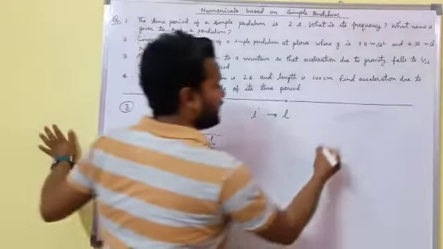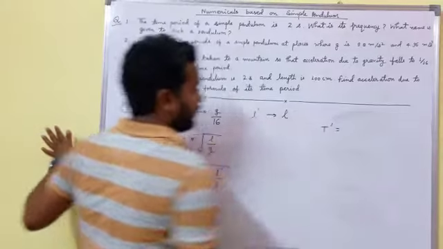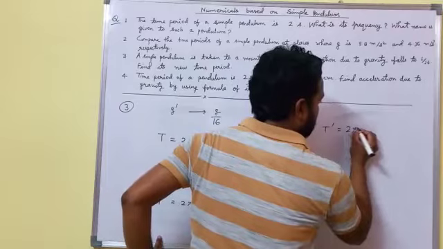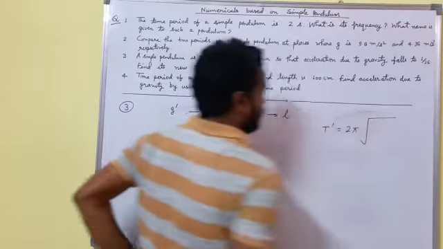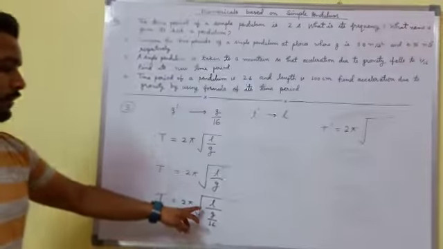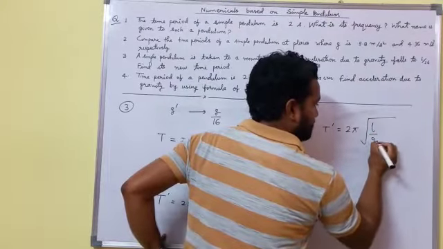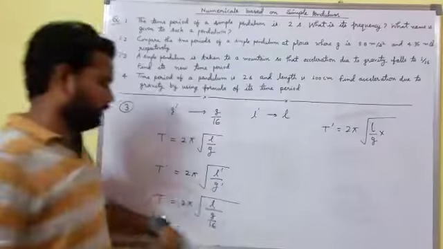So after solving, T dash will equal 2 pi root of L by g into 16.